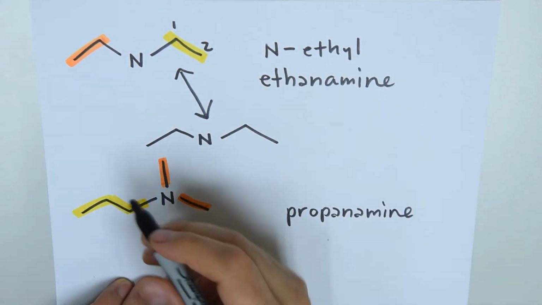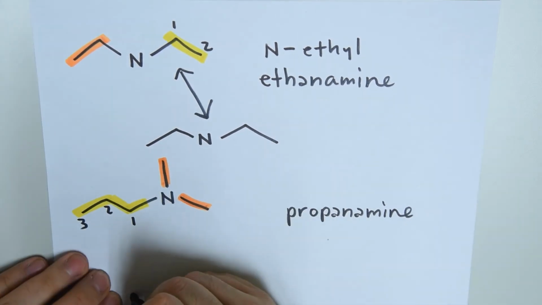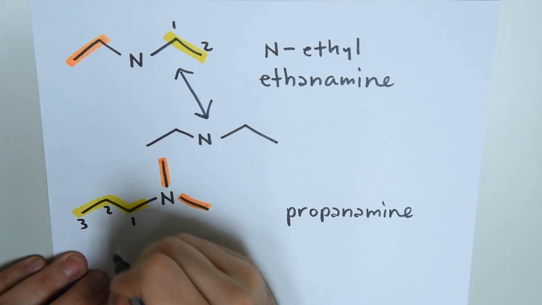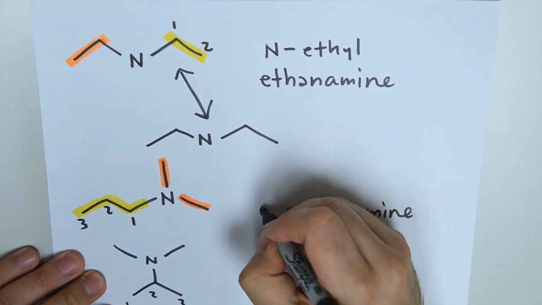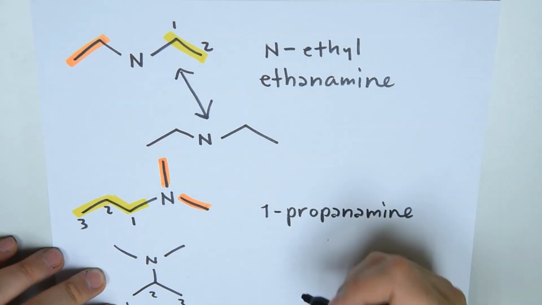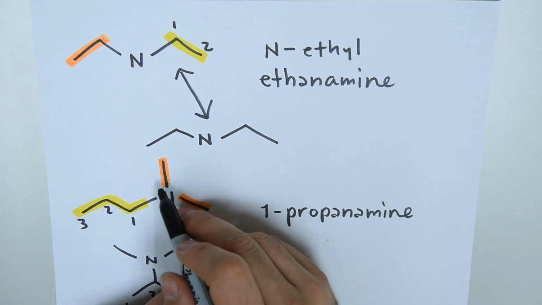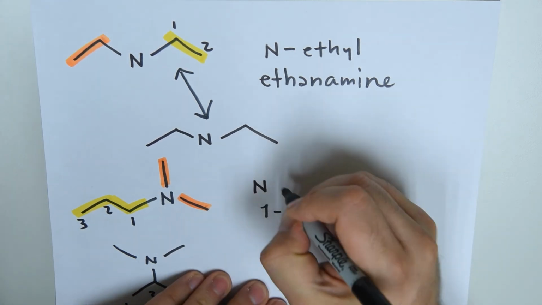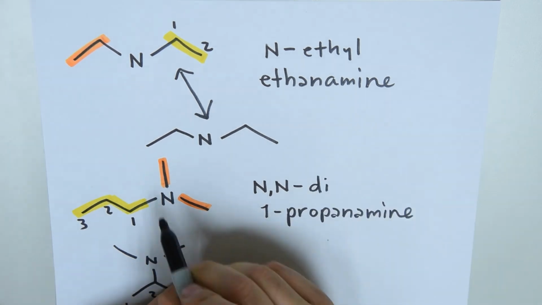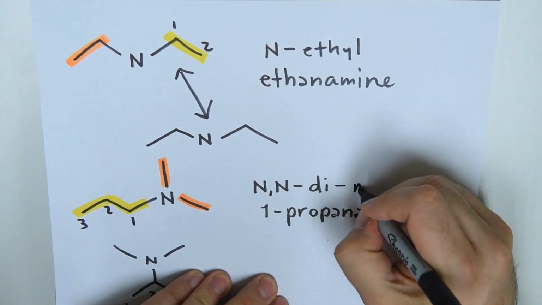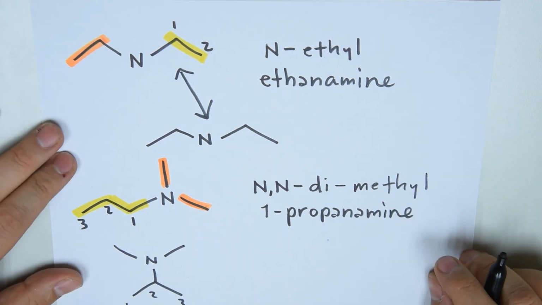However, this is attached at number 1, and it would make a difference because we could also have this shape, and this would be 2-propanamine. So here we do have to add the number, 1-propanamine, and then at N we have methyl, and at N we have methyl. So we would write the locant twice to tell us where it is, separated by a comma, and di to indicate we have 2 of the same type: N,N-dimethyl propanamine. And that's it.